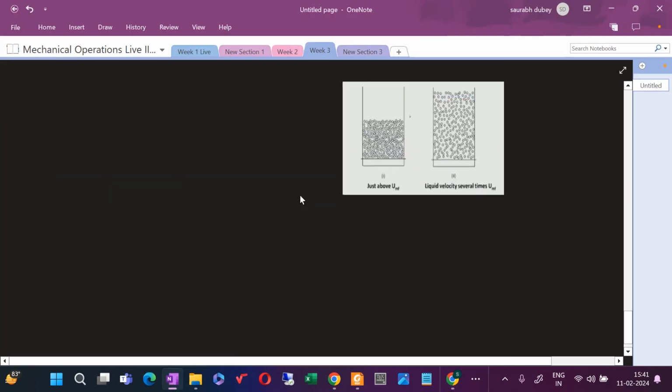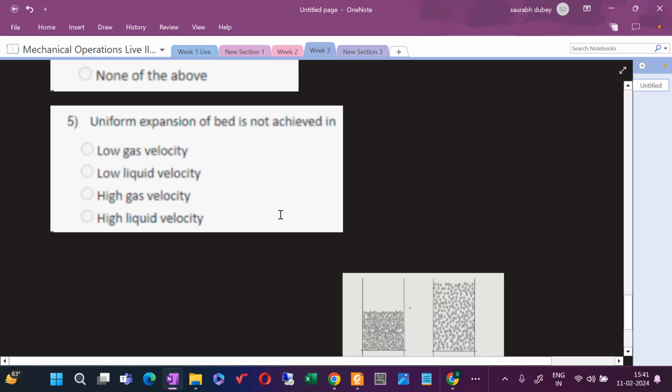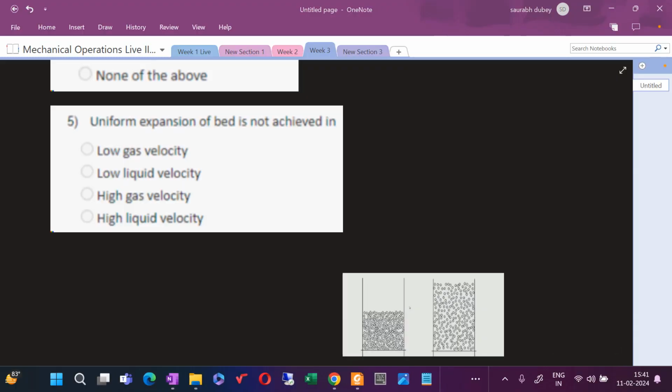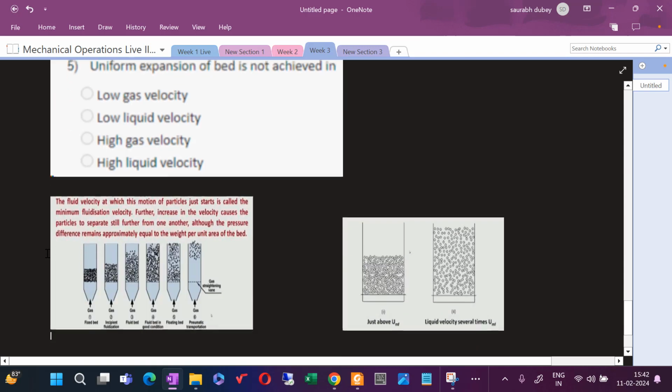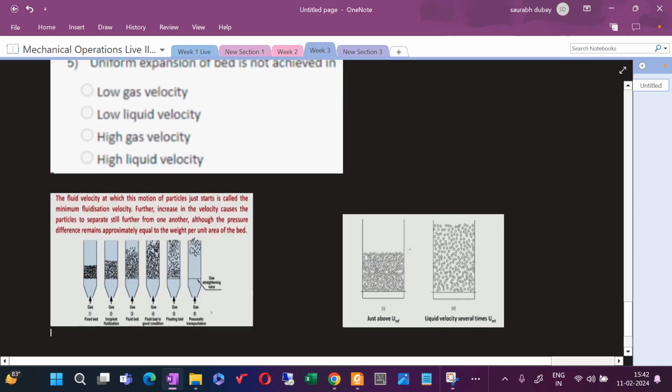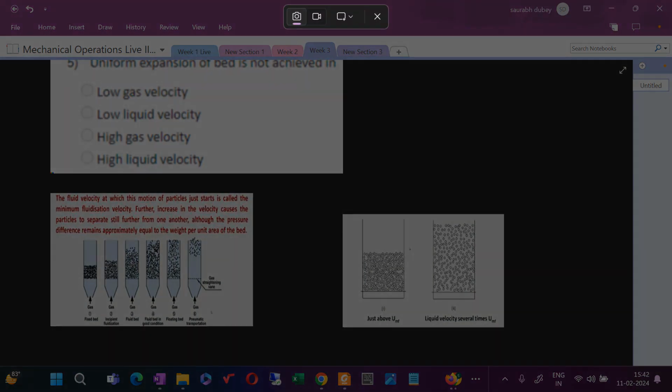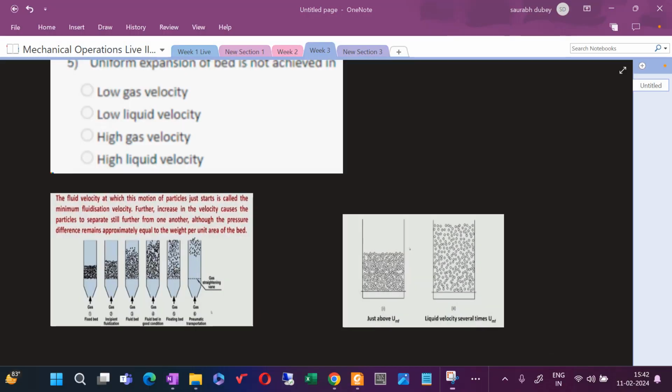Yes, this question. Uniform expansion of the bed is not achieved in which of the following? So you have to look at each in detail, then only you will be able to tell. Each figure, like how the things were changing when you were increasing the flow rate from the bottom for the liquid or for the gas.